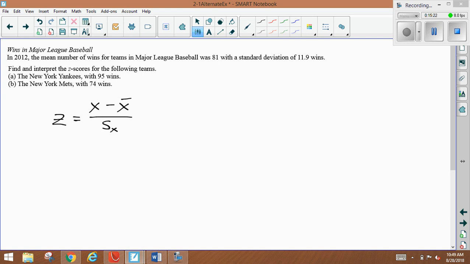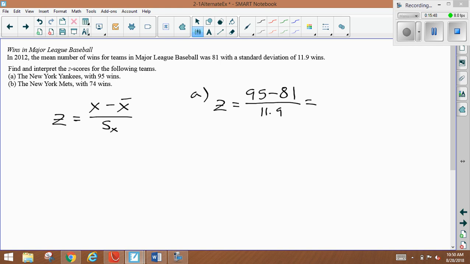So we can use this and interpret these z-scores. I don't know why it's so baseball-y, but if you like baseball, that's great. We got 95 wins, so that's my x value, 95. They've told me that we have a mean number of wins of 81. And then my standard deviation is 11.9.